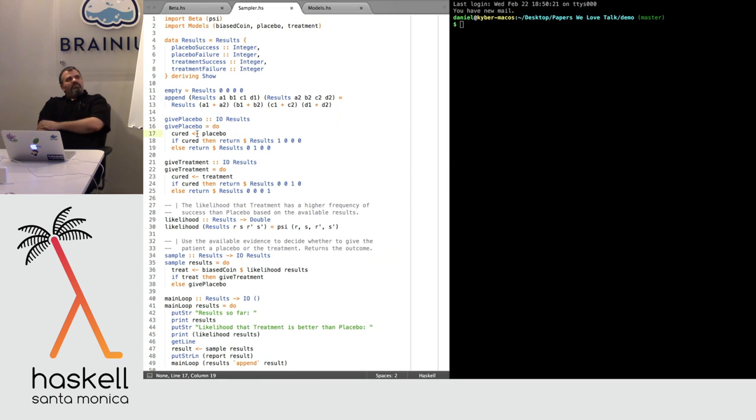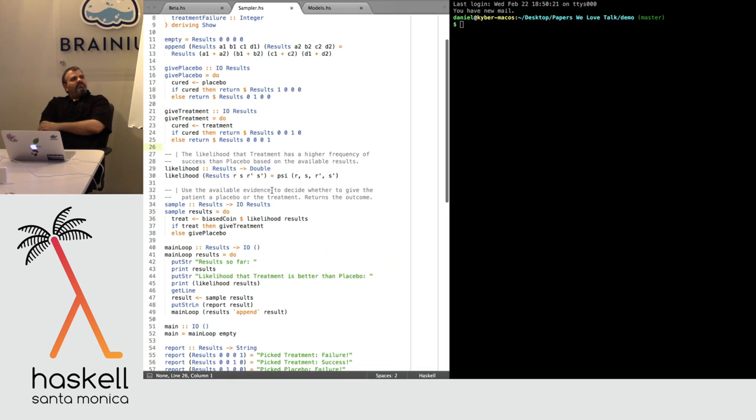We call placebo, we see if someone was cured. It gives true or false with a certain unknown probability, the same problem that Thompson described. If they're cured, then we give this result. Why this result? One placebo success is what we just got. Otherwise, we get one placebo failure. And same with give treatment.